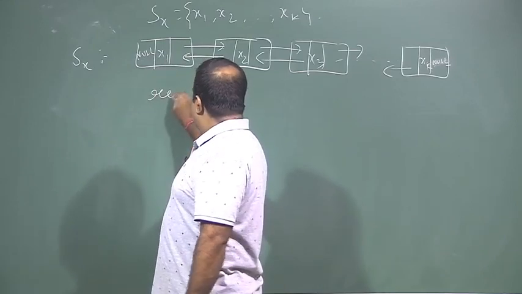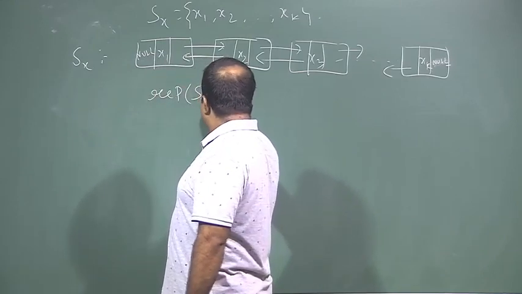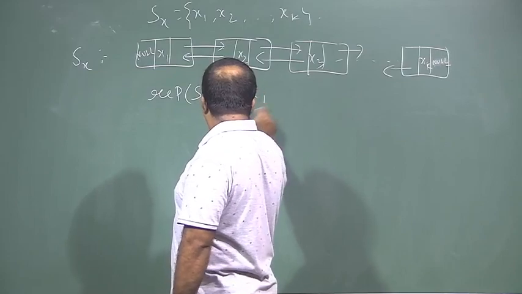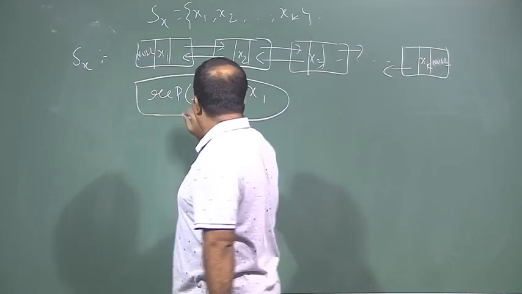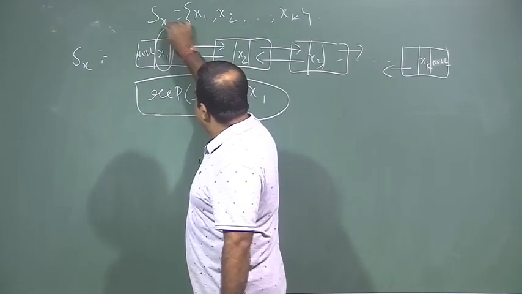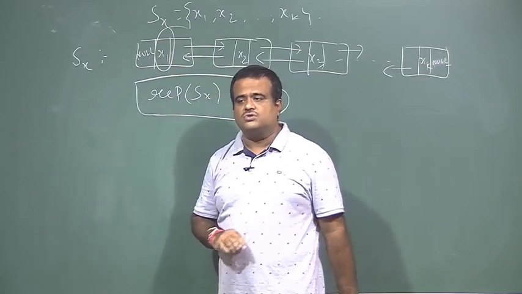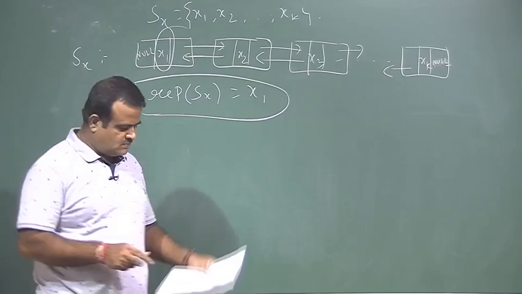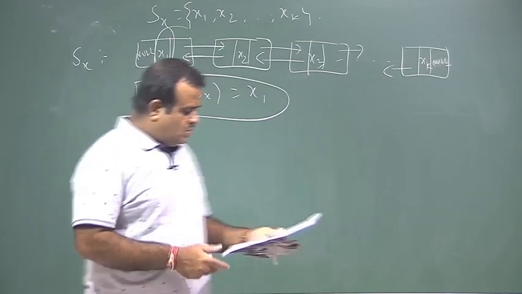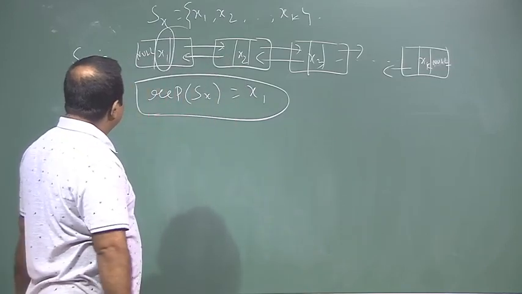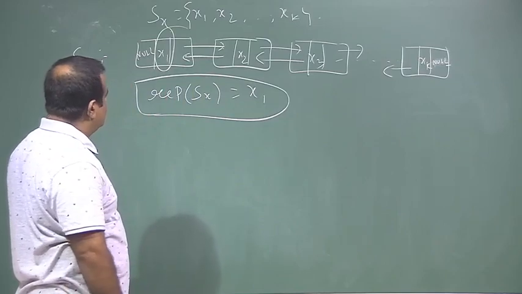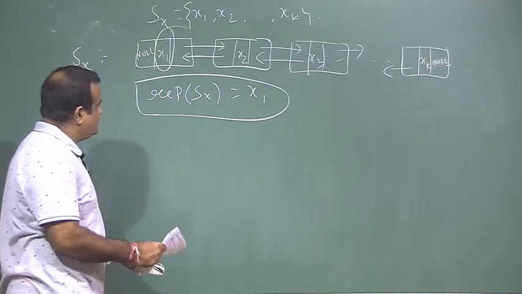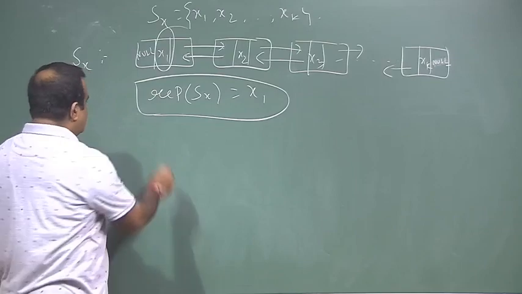We want the rep of S x to be the first element. This first element we are going to choose as the representative element for this set. Okay. Now we want to see how good this data structure is in order to perform those operations.